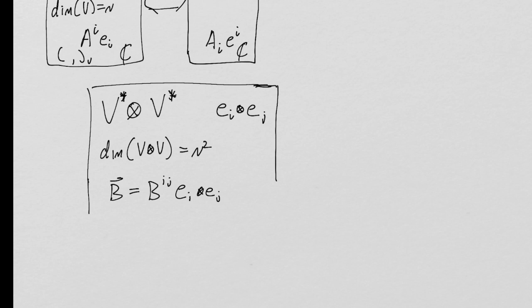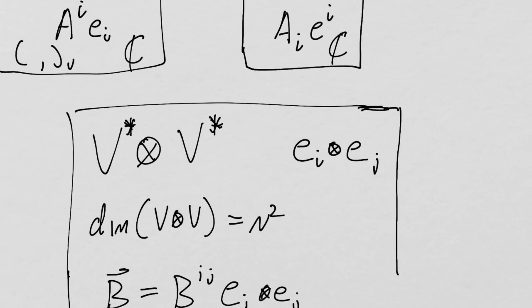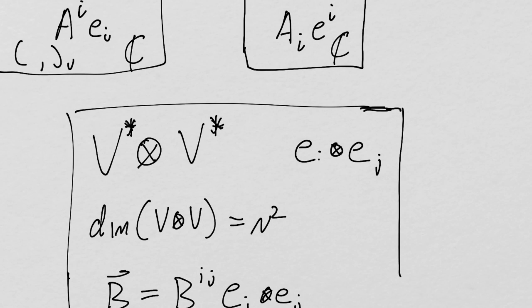And the differences then are the basis vectors. For example, in this particular instance with V dual tensor V dual, these i's and j's would now have to go in the upper position, because they reflect the dual basis vectors.